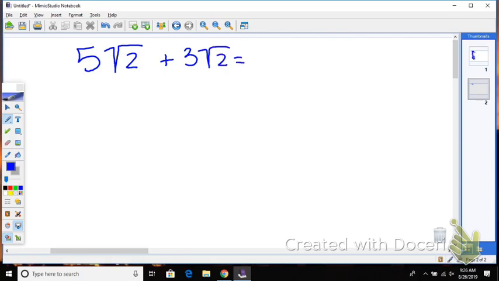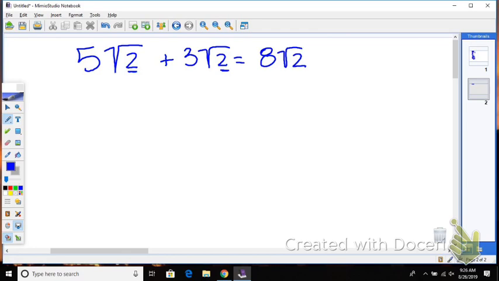You just treat that square root of 2 like an x. If I had 5x plus 3x, what would I have? 8x. Here you're going to have 8 times the square root of 2. You can add those because the number is the same and they're both square roots, not cubed roots or 4th roots.